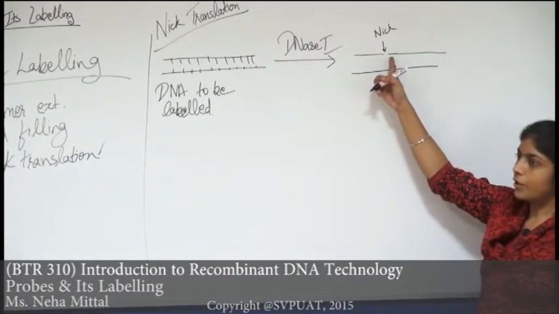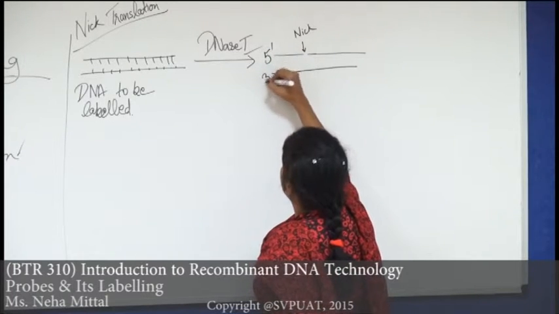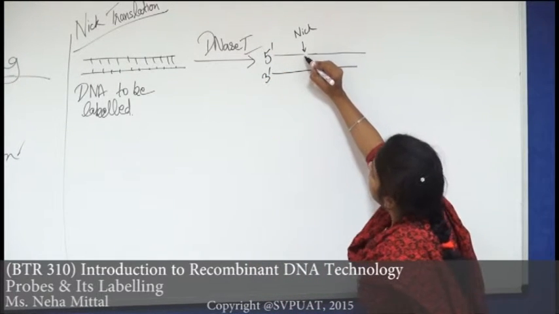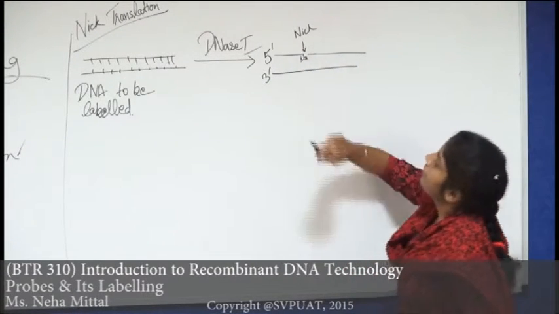So this discontinuity in the phosphodiester bond shown here, this is the nick. So now the free 3' end with OH group is available here.